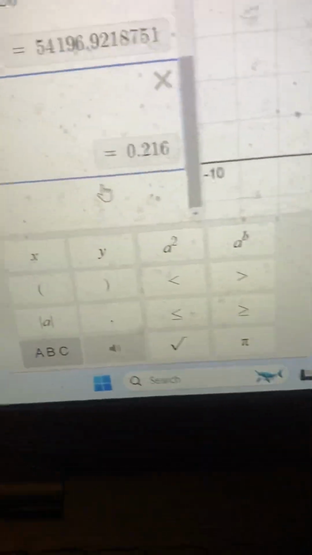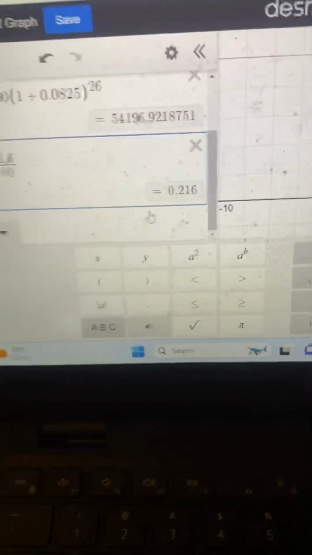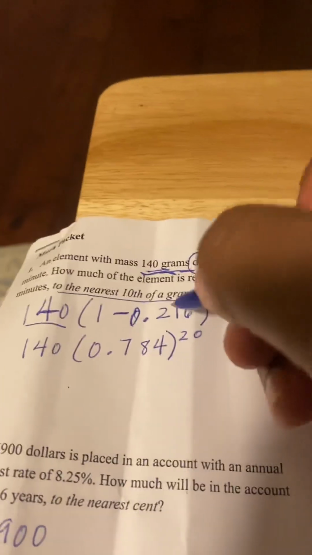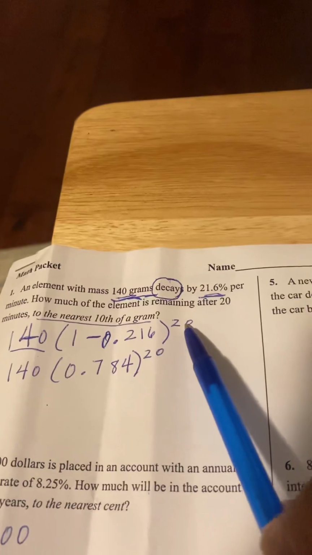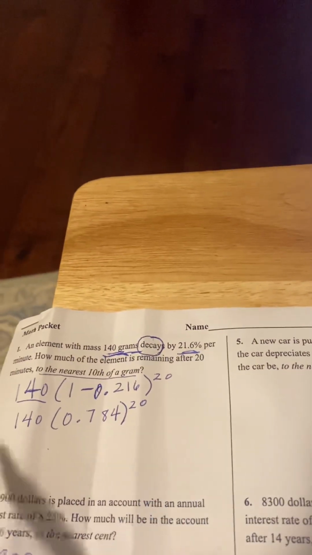And that's where the 0.216 comes in. So I'll write a 0 here, put 0.216, and then put the 20 for 20 minutes as an exponent. So that's how you're going to write it out first.